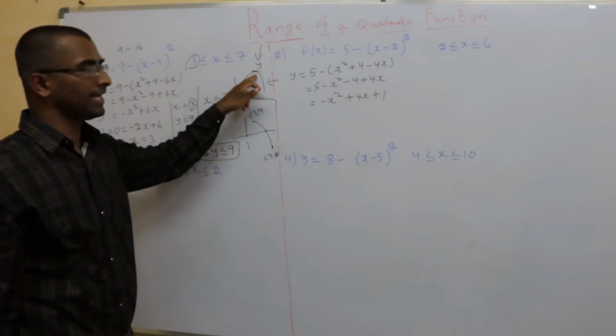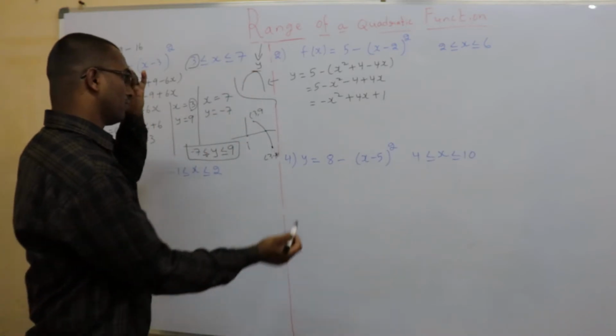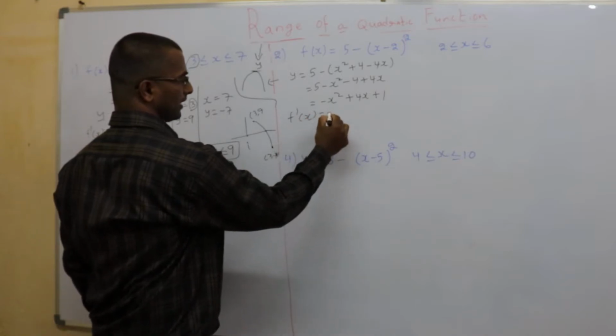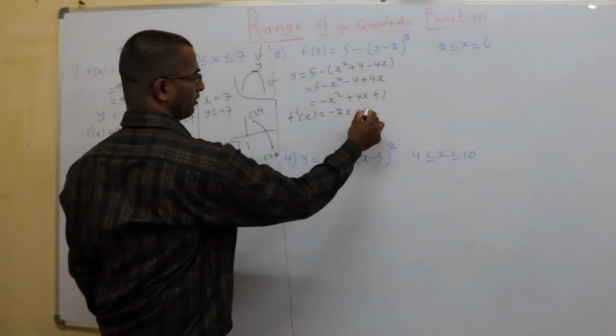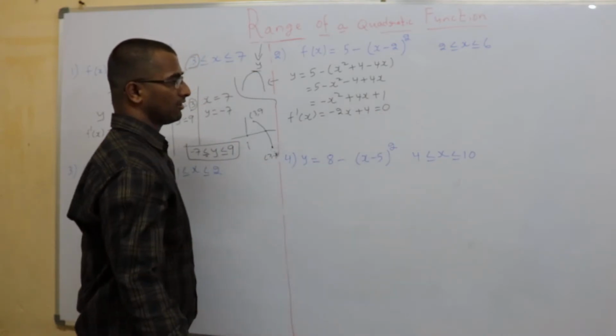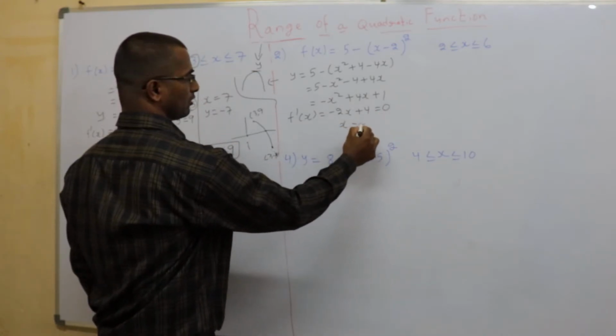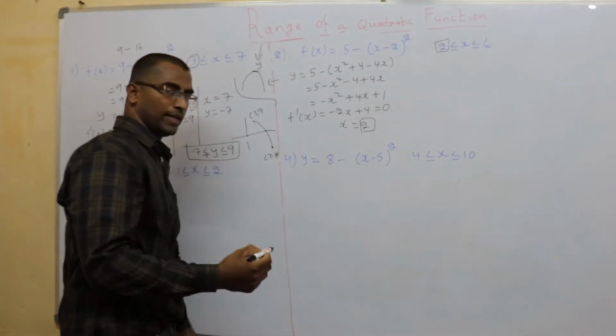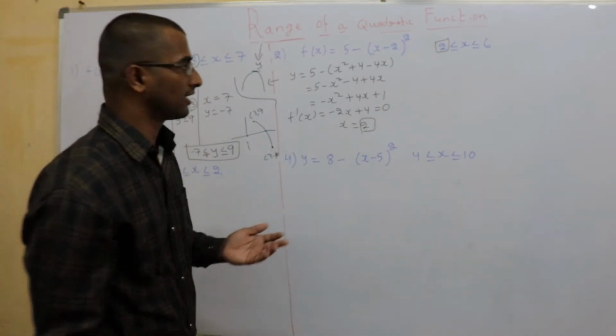Clear? Let's find the turning point first. For the turning point, f dash x equal to 0. So that is minus 2x plus 4 equal to 0, so x is 2. Again these two values are same. Well and good, that decreases our work.